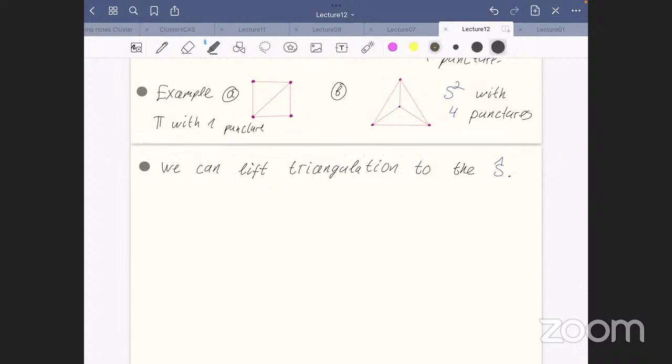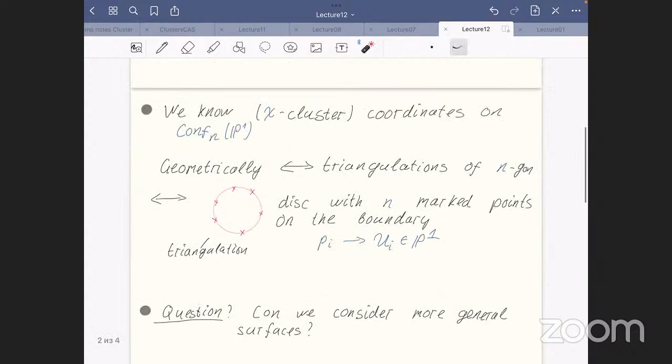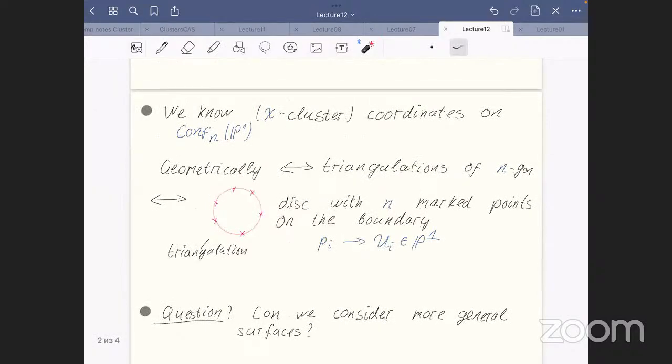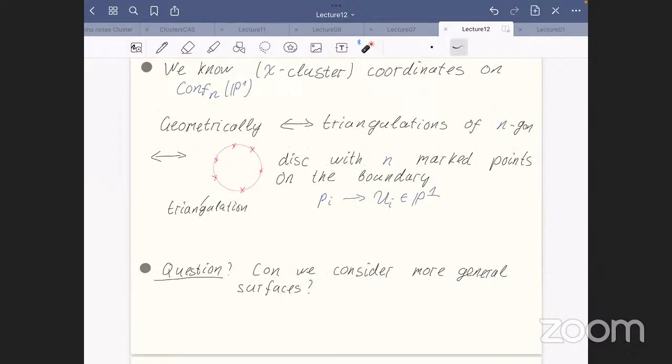Now, the next, probably more or less the last step, we should assume that we have here in each marked point a line pointing to P1.